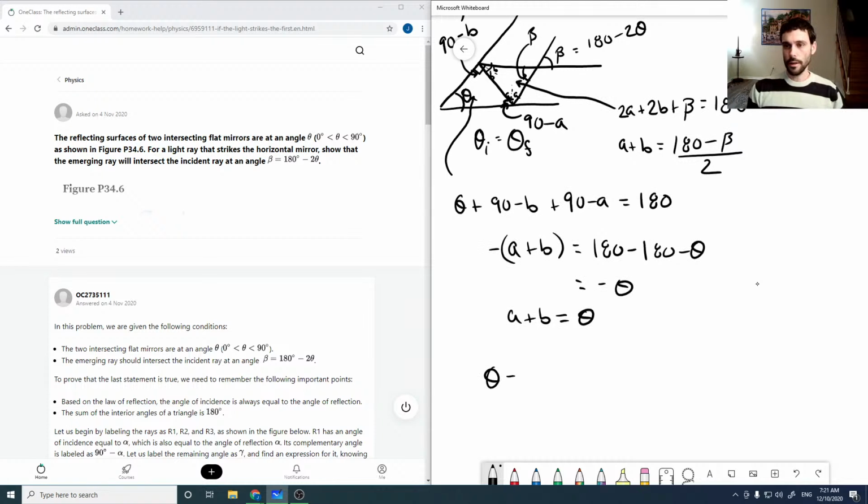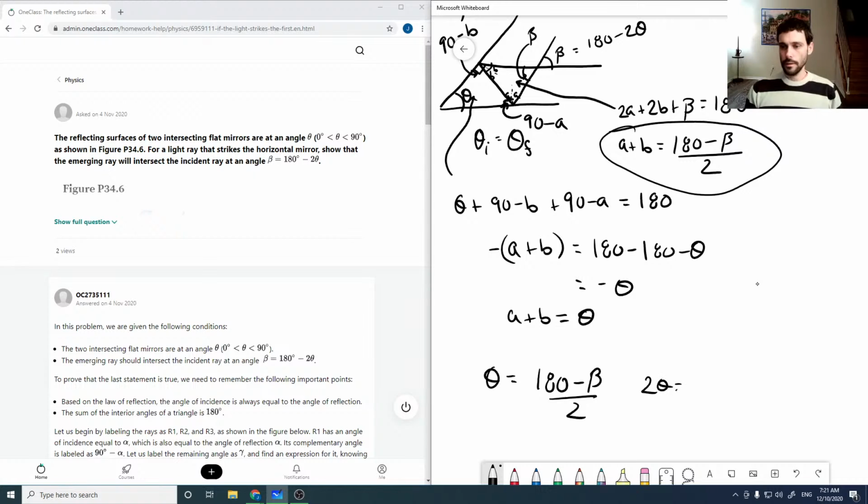So theta is equal to 180 minus beta over 2 from this expression. Multiply by 2. So then 2 theta is 180 minus beta. Rearranging, beta is 180 minus 2 theta. And then there's our solution.